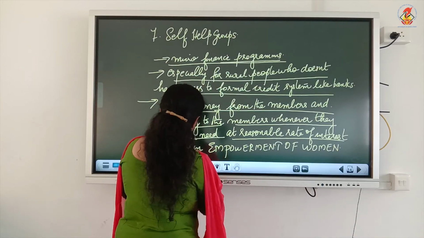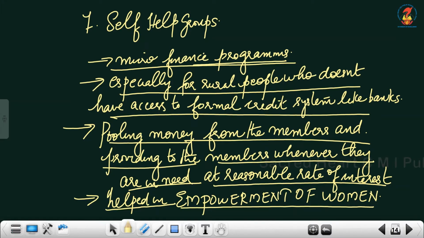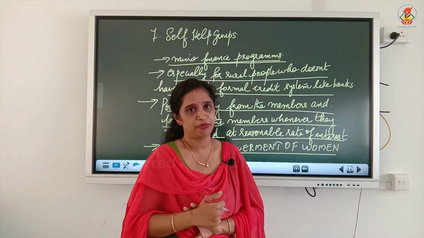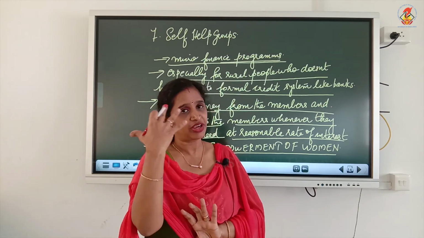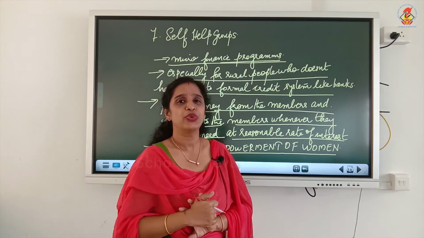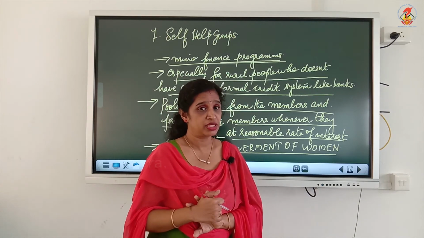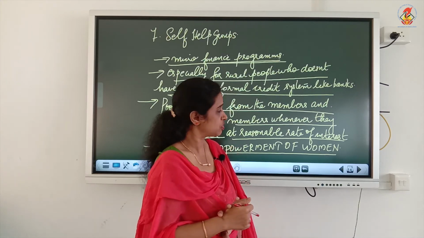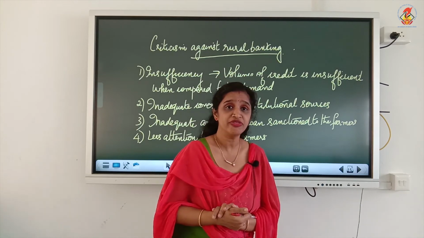Then, it has helped in the empowerment of women. The women can engage in economic activities, so it can be a financial help for the family. So self-help groups are one among the important institutional sources of credit.